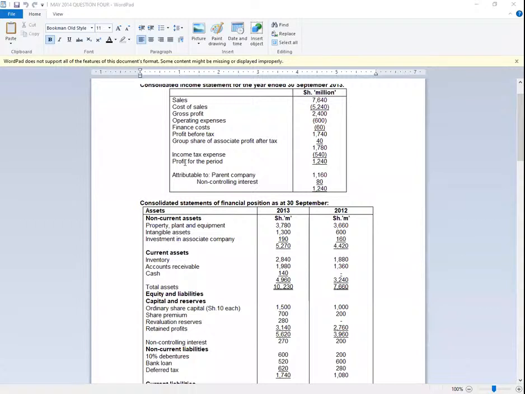Here I began from profit before tax, so I'm looking upwards to know what to deduct. This 1740 figure does not have this 40 in it. Can you subtract something which is not there really?